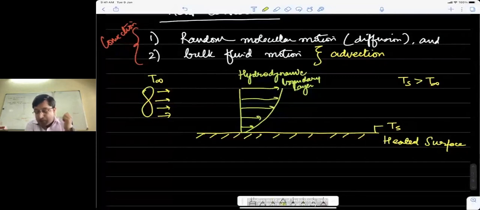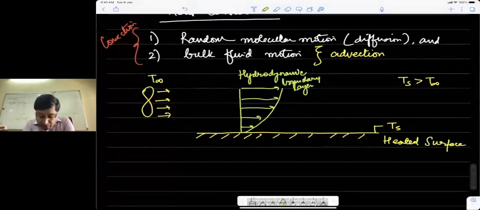But what happens to the temperature? Very similar to the hydrodynamic boundary layer, we also see the formation of a thermal boundary layer in these situations. The thermal boundary layer happens because the temperature of the surface is different from the temperature of the fluid.